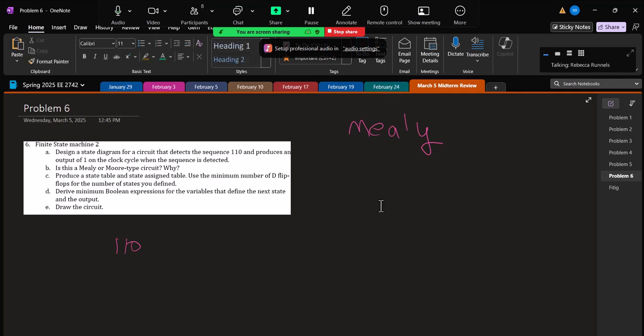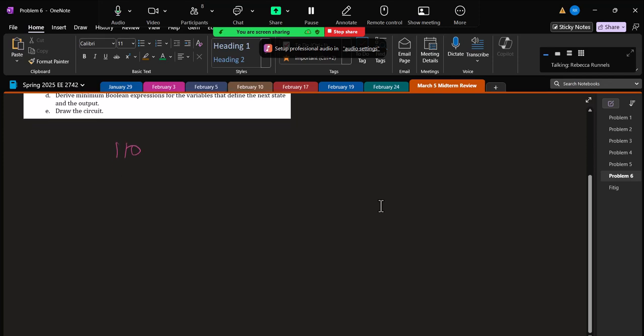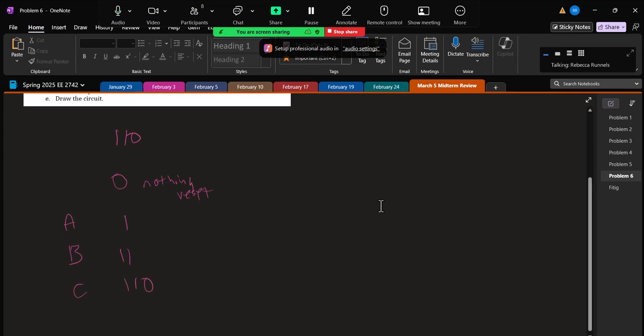So if we start with a 0, that's nothing, or a reset. If we start with a 1, we can call that state A. State B would be getting 1, 1, and state C would be getting 1, 1, 0.